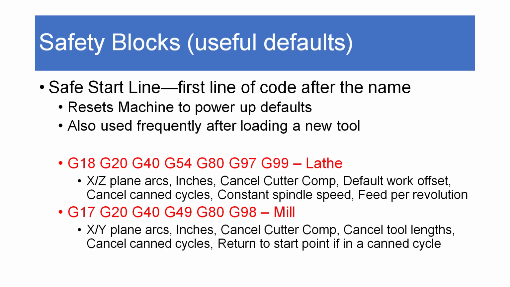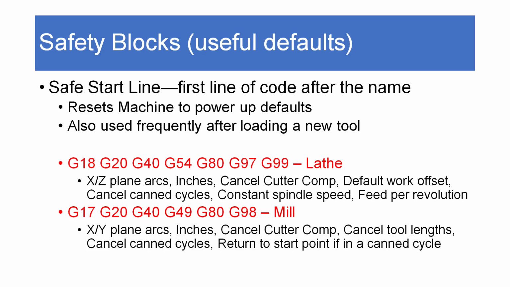The reason we do that is if the person before you had a macro or something running, and you accidentally started that program in the middle of that macro, it may not behave the way you want it to. So these safety blocks are useful defaults. Most modern machines reset some things at the end of the program, but I'm going to teach you to put these in all the time.